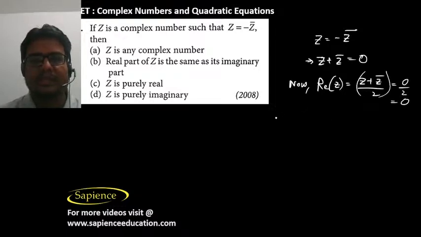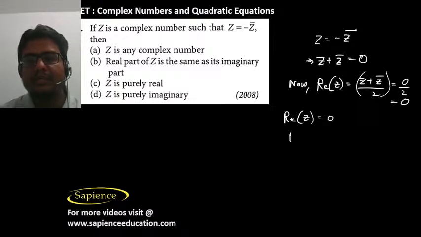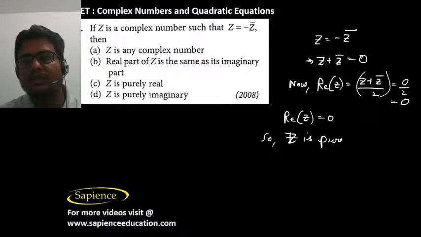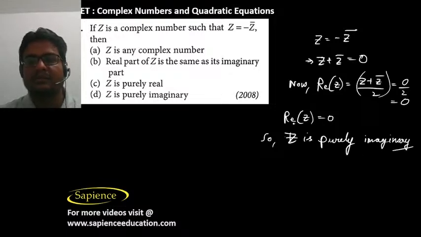So the real part of z is 0. It means that z is purely imaginary, that is, there is no real part of z. So option D is the correct answer.